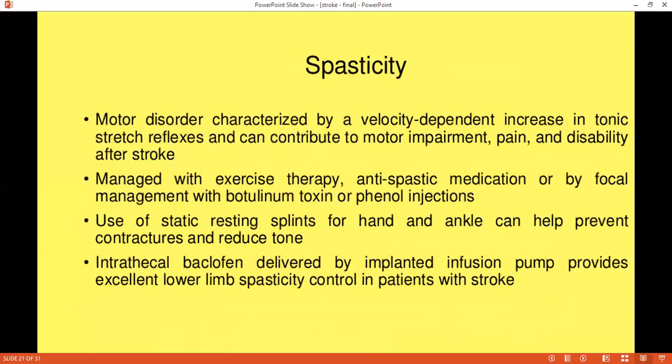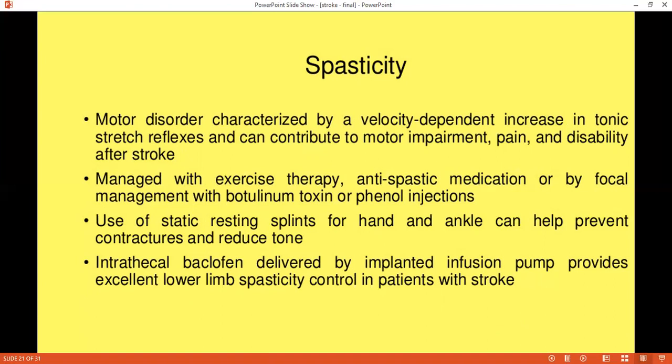The next one: after 10 days post-stroke, or after 1 month, they develop spasticity. The physical therapy protocol will also help to reduce the spasticity. But before that, what is spasticity? Increased muscle tone, a motor disorder characterized by a velocity-dependent stretch reflex, which can contribute to motor impairment and pain after stroke.